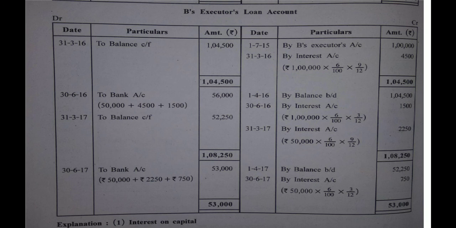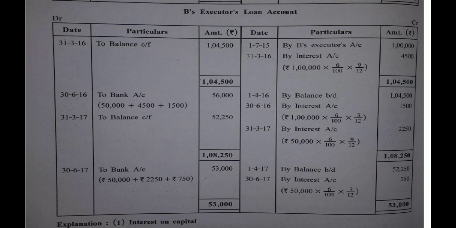which is the completion of the second year, for the payment of the second installment of executor's loan along with the amount of interest. And you see the total of both the sides is the same, 53,000. The second installment along with interest is paid to executor.